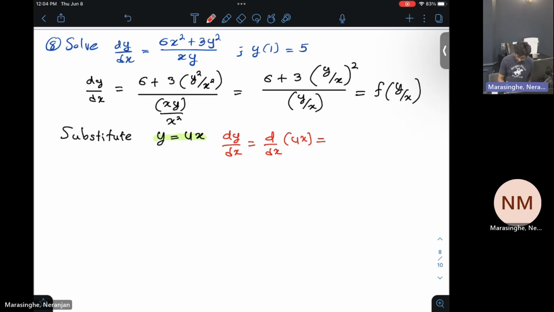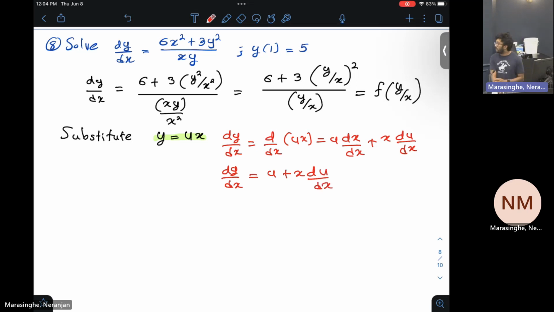So product rule would say that this is equal to u times the derivative of x plus x times the derivative of u. Okay. So dy over dx is equal to u plus x times the derivative of u with respect to x.